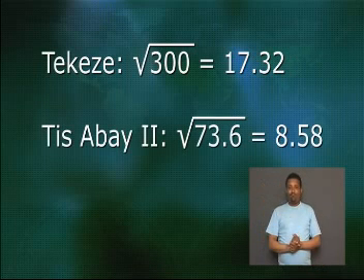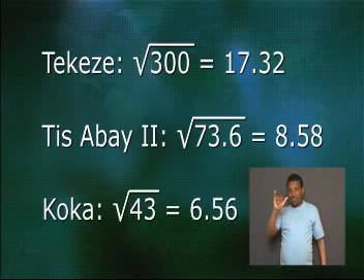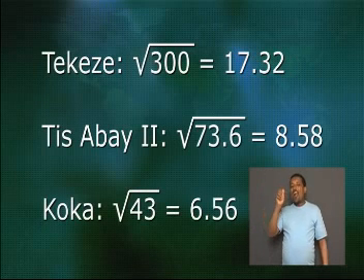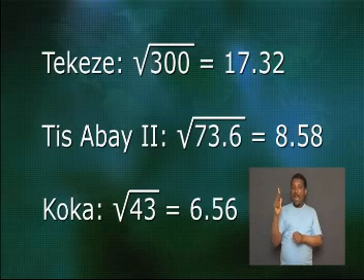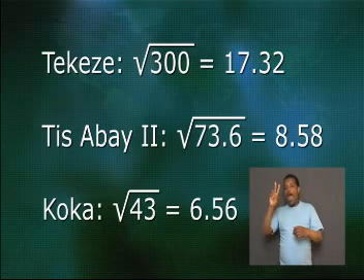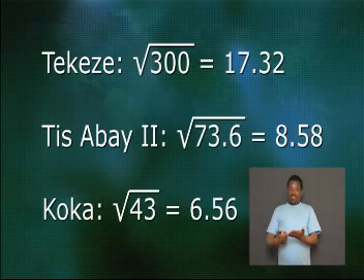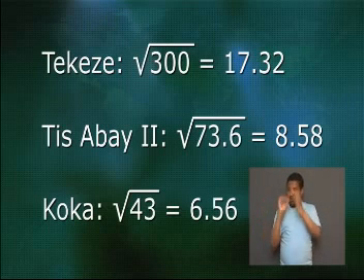The Addis Ababa 2 and Koka Dam have hydroelectric power potentials of 73.6 megawatt and 43 megawatt respectively. Therefore, when the square roots of each of these values is computed, we get the following.